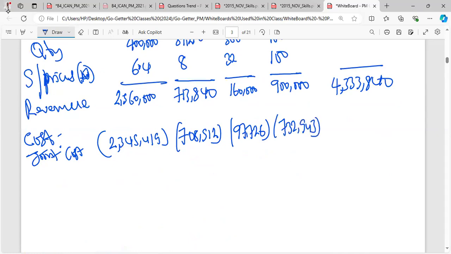If you remember, when we added them together, it was our joint cost of 3884600. Now, because we didn't process further, this is the only cost that we made.